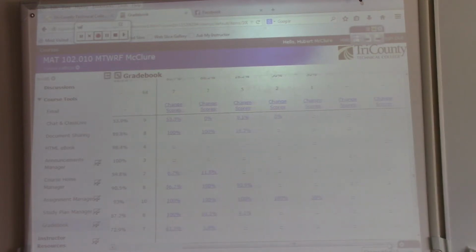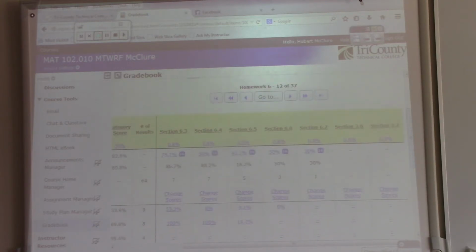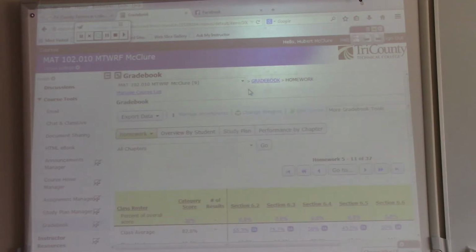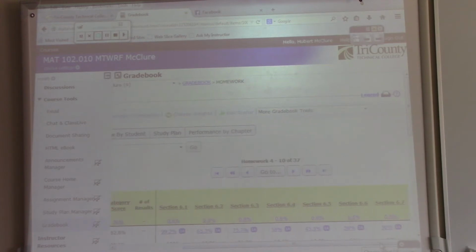I am not too happy right now. See all these smiley faces? You know what that means? That means I have not done the homework, and I'm laughing at you. That's what it means. I got a 0 on 6 point. I'm on 6.7. I'm just messing with y'all. I'm on 6.4.